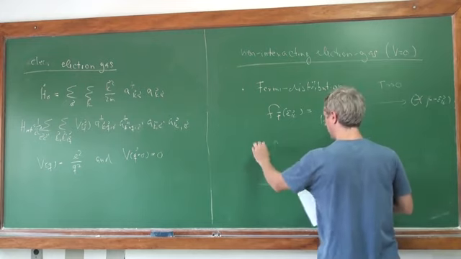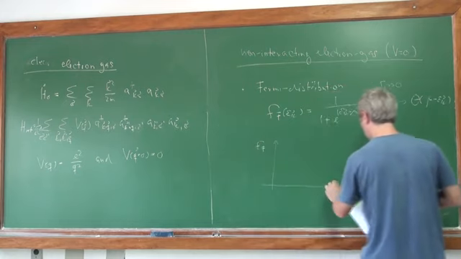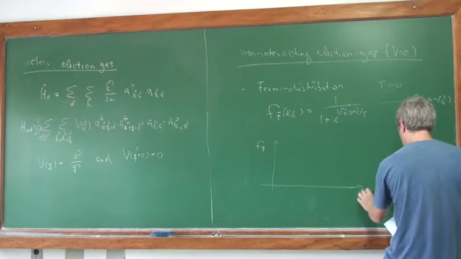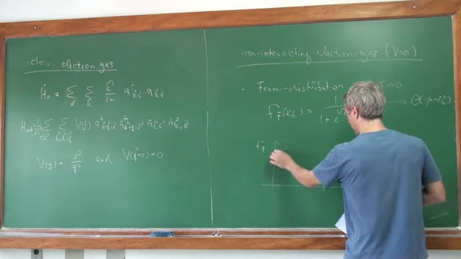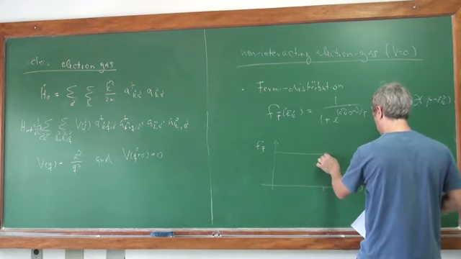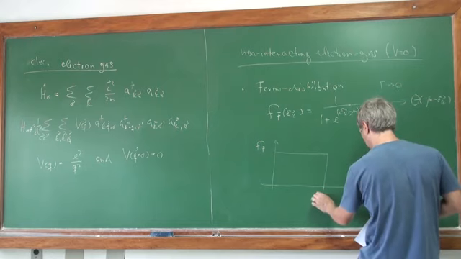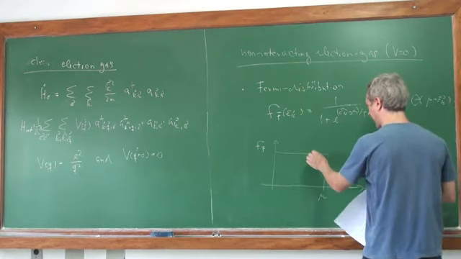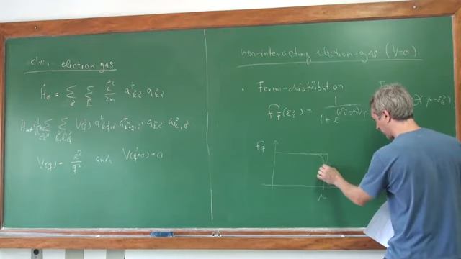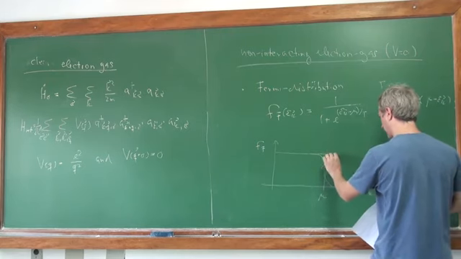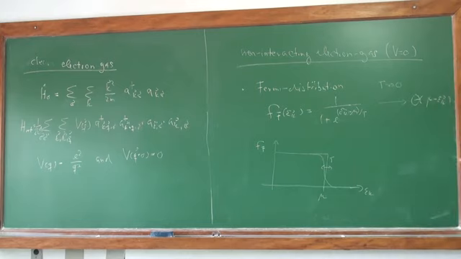Here is the distribution, and here is the energy epsilon k. At zero temperature, the occupation is 1 up to the chemical potential mu, and then it drops to 0. At finite temperature, this will broaden, and this broadening is of the order of temperature.